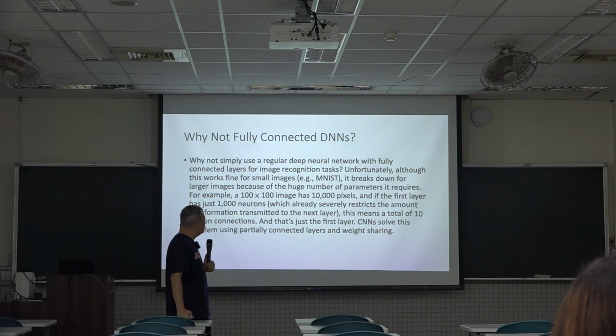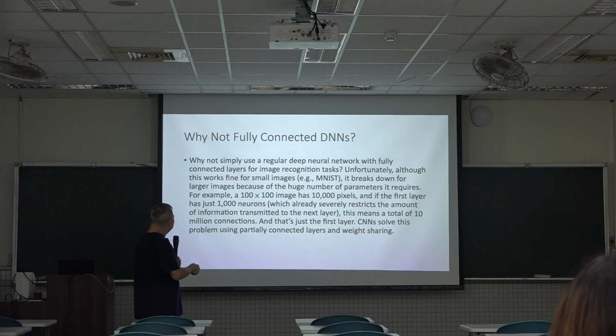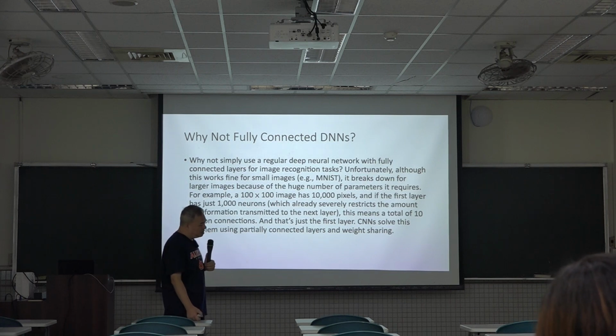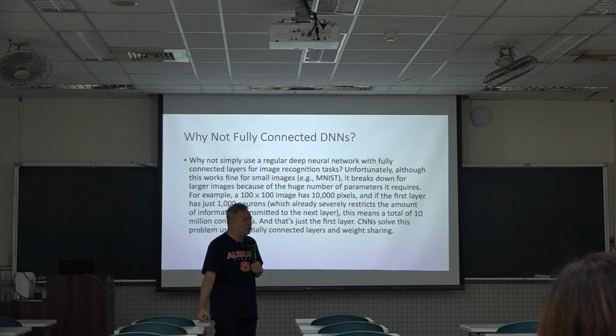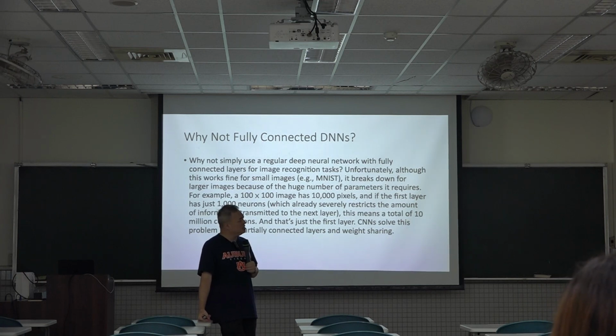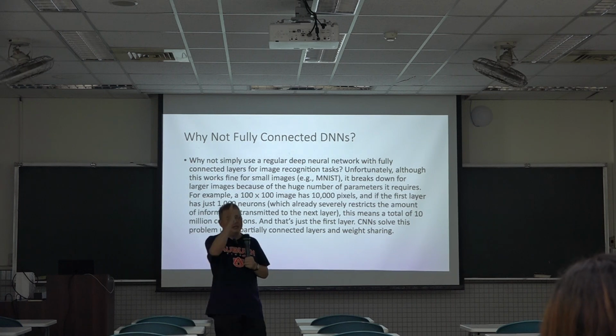It's very small. But when the image becomes large, this approach has an issue. Remember, in the MNIST dataset, we treat those 28 by 28 pixels as 784 different features.